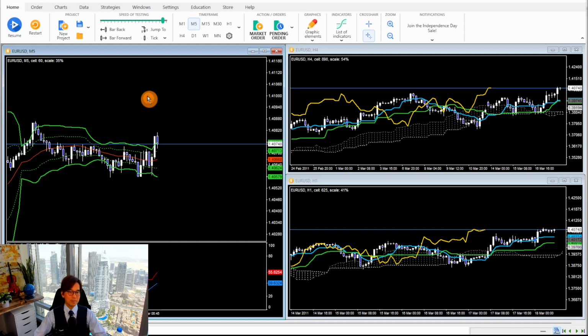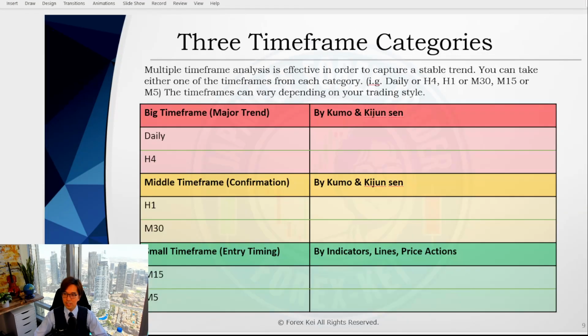In the live market, I check either daily or 4. Like I mentioned previously on this slide, I check the daily or 4 and confirm it by 1 hour or 30 and take entries by 5 or 15-minute time frames. But this time in running a tester, I take the 4 hour and 1 hour time frames fixed and the 5-minute fixed.